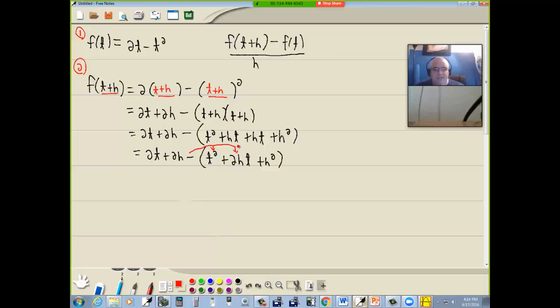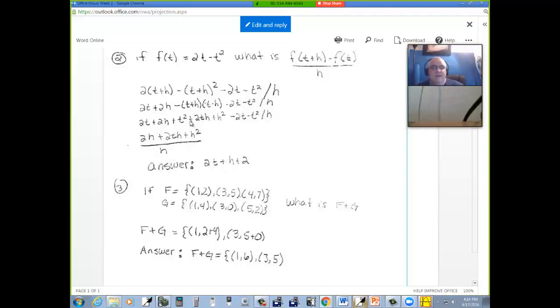When I do that, it's going to change the sign of all the terms inside. So we got 2t plus 2h minus t squared minus 2ht minus h squared.